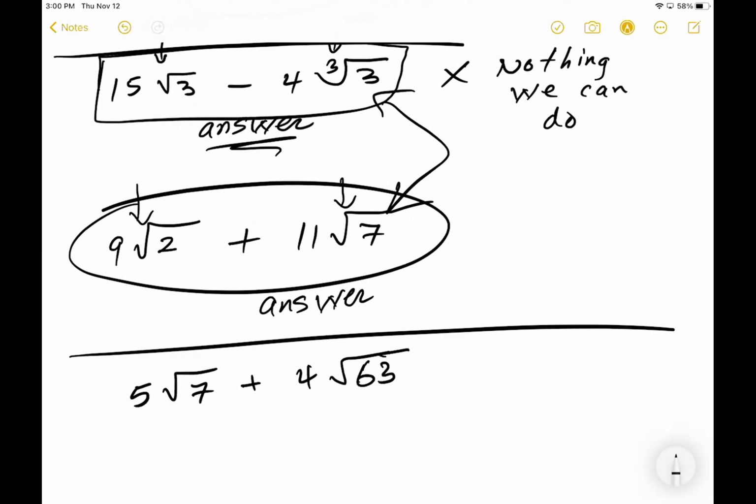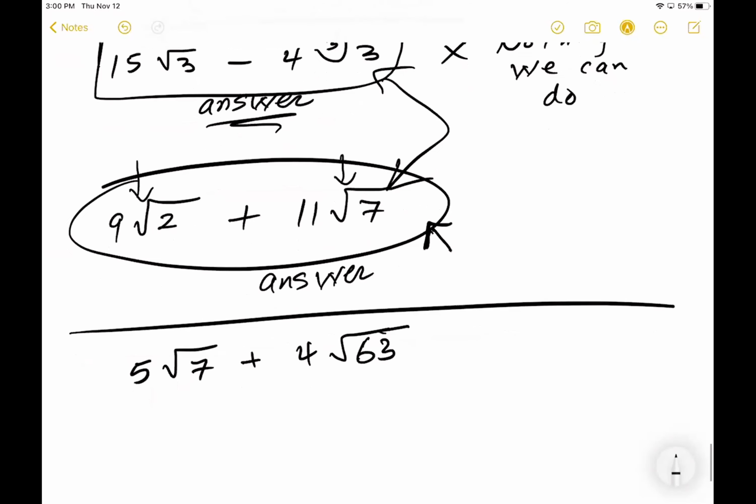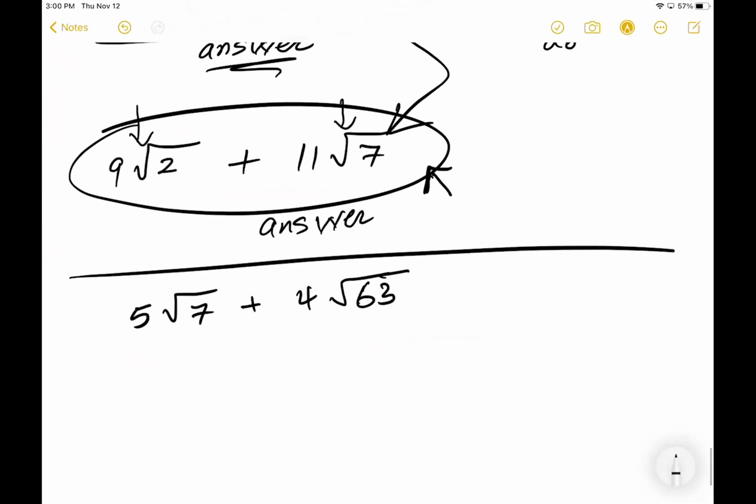You say, oh, Mr. Strand, that's my answer right here, right? You just told me up here, if the item is not the same, one of them is 7, the other one is 63, I don't need to do anything. This is my answer, right?